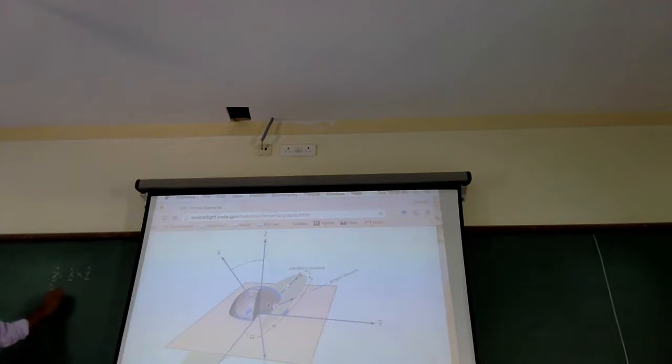Y is always equal to z crossed with x, and x is always equal to y crossed with z. So you see the cyclic rotation: x, y, z. Z comes here, x, y go there. Y comes here, z and x go there. This order is very important.